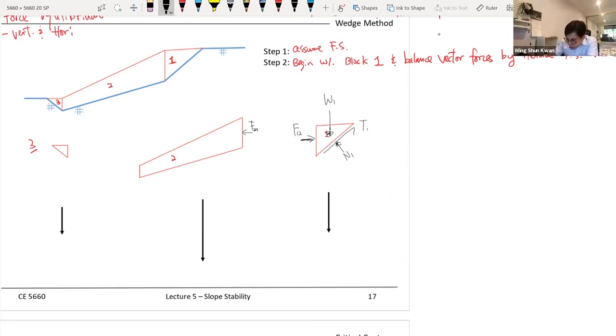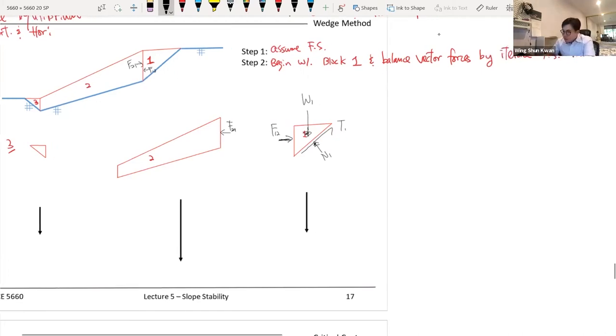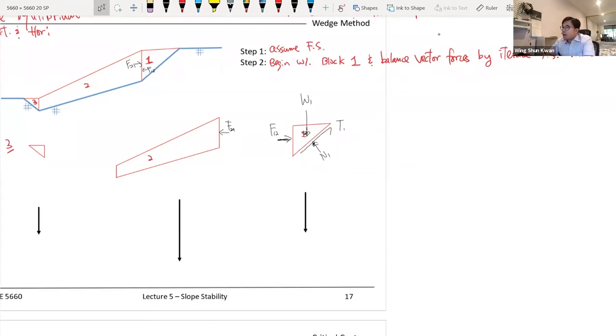So pretty much you have this force and this force here: force 1-2, and then force 2-1. So go back to block number 1. We can solve for T1. W1 is very obvious, the weight is always the most obvious one. And T1, you can solve for it with the Mohr-Coulomb.